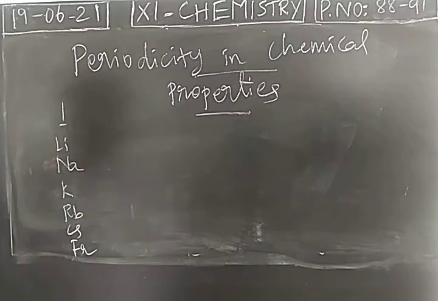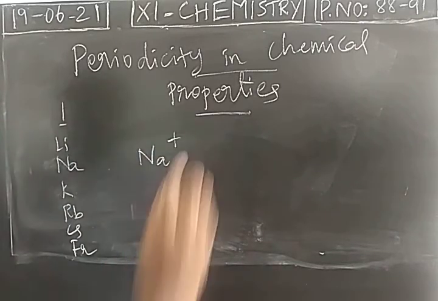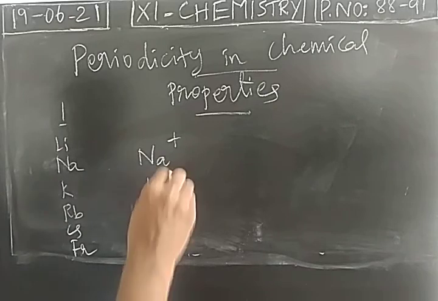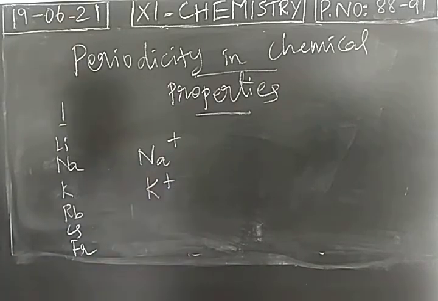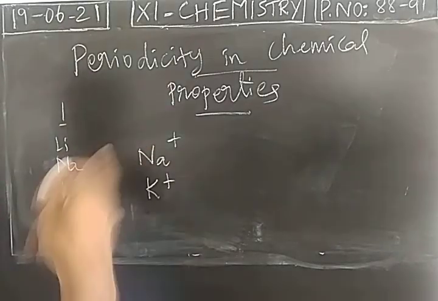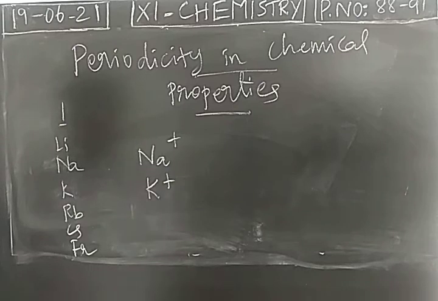The alkali metals have the tendency of losing an electron. Sodium loses an electron easily. Potassium loses an electron easily. Sodium has to attain the electronic configuration of neon, and potassium has to attain the electronic configuration of argon. For that, electrons can be easily lost in the alkali metals.